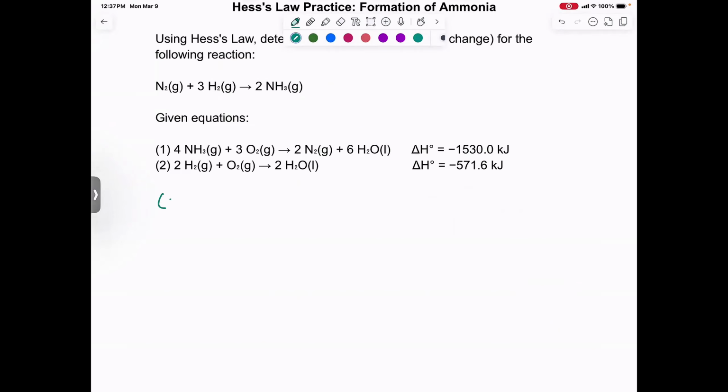So I'm going to start with equation 2. I'll just apply that across the board. I'm going to drop the states of matter just to save time.